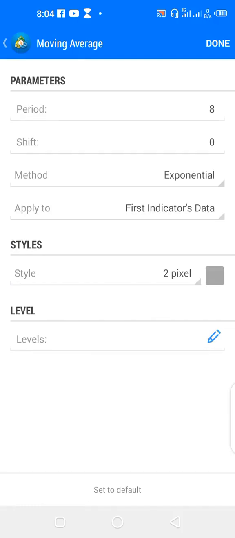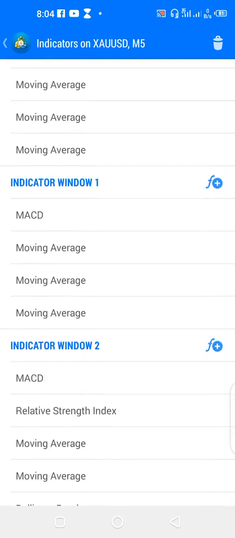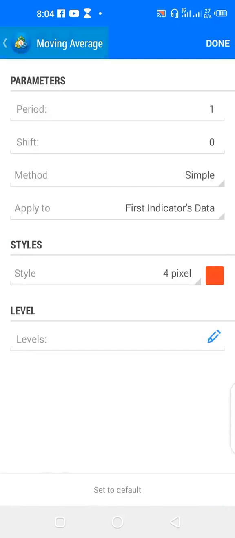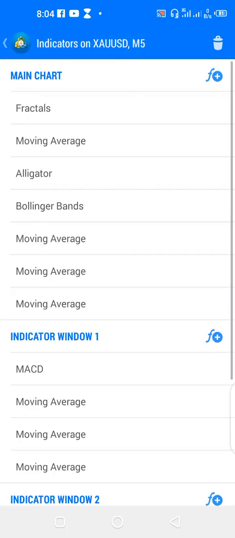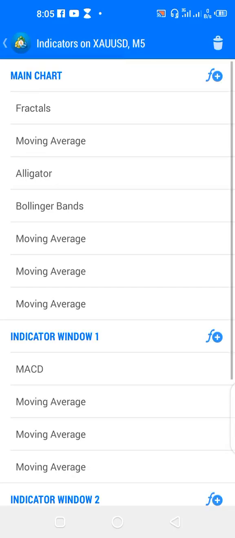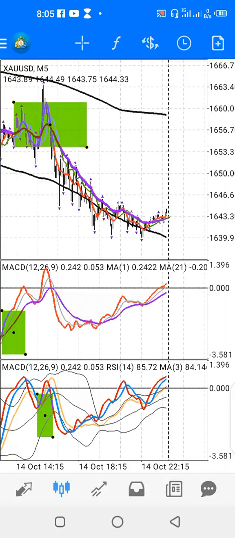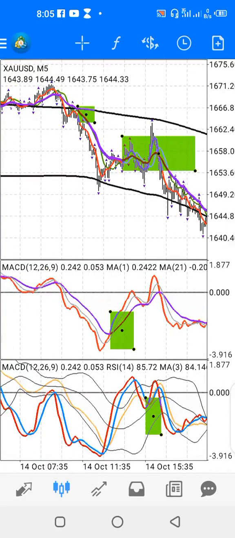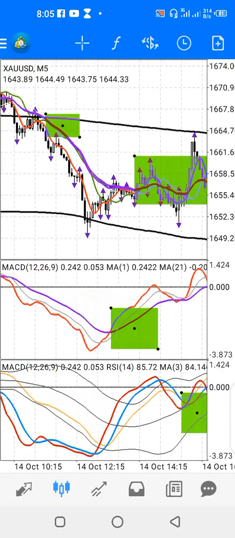Color is gray. So 3 moving averages. The first one is red, 1 period. Second one is purple, 21 period. And the third one is 8 exponential. Okay, 8 period.